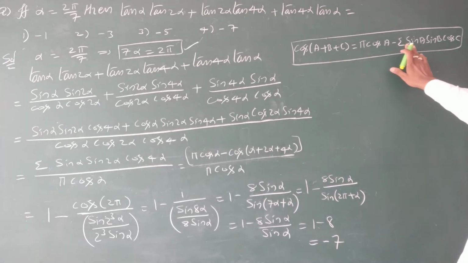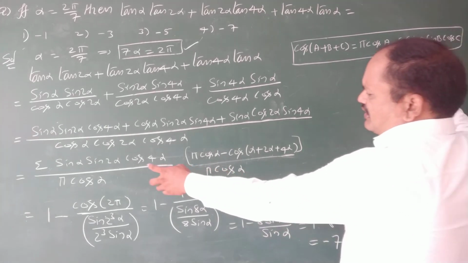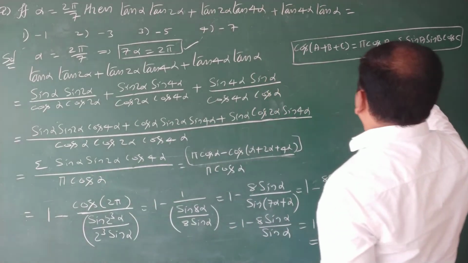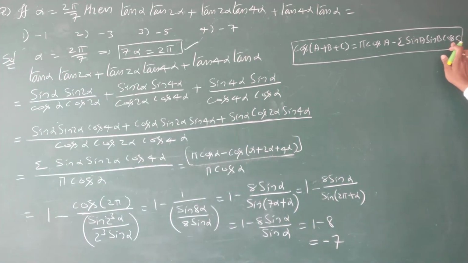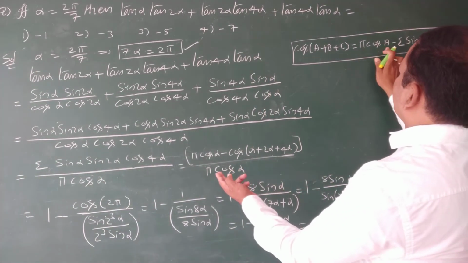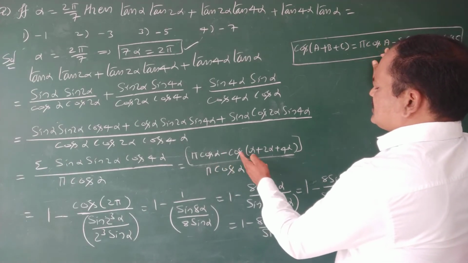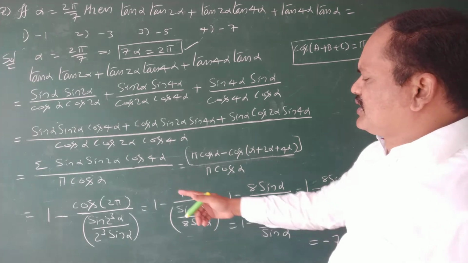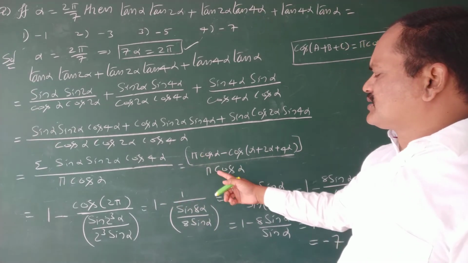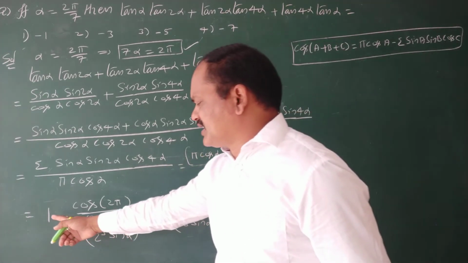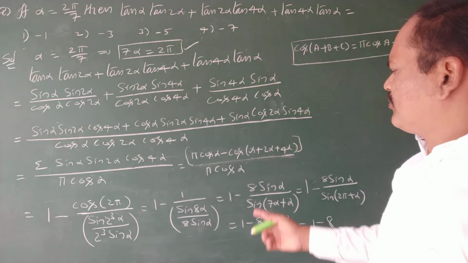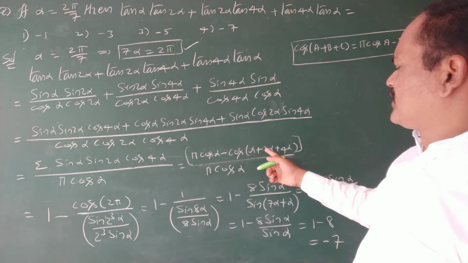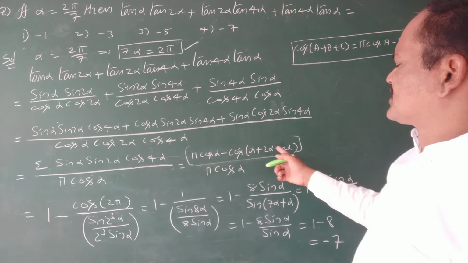Then in place of the numerator, sigma sin A sin B cos C, we write pi cos A minus cos of (A plus B plus C). So here pi cos alpha gets cancelled, and it is 1 minus cos of (alpha plus 2 alpha plus 4 alpha), this is 7 alpha.